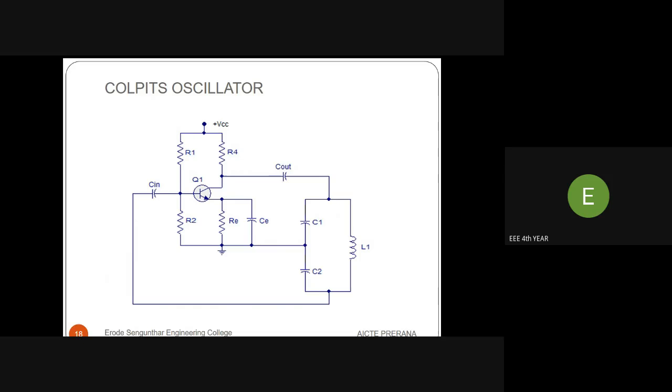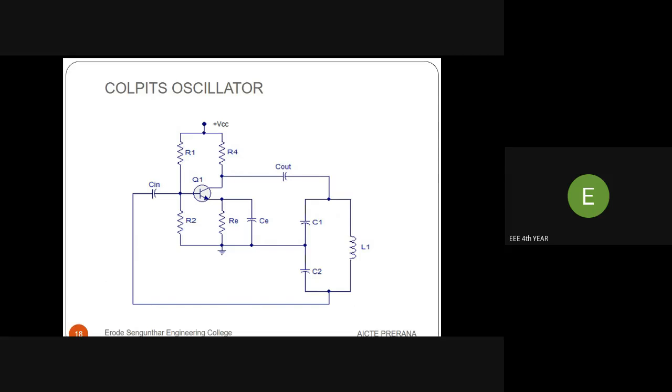When the capacitor is fully charged, it discharges through the inductor. This produces damped oscillation. The amplifier compensates the loss in the LC circuit, so we get sustained oscillation.